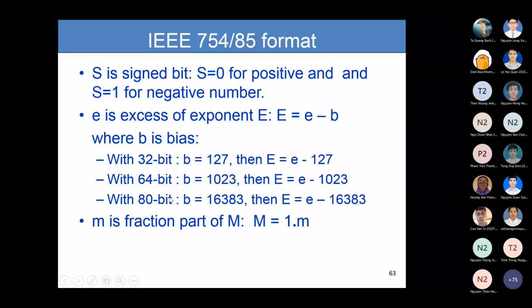And here we have the formula to find the exponent E for the different standards, right? Small m is the fraction part of big M. So from small m we can find the mantissa big M. Big M equals 1 point small m, because small m is the fraction part and the integer part is 1.